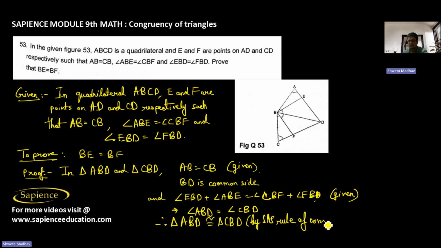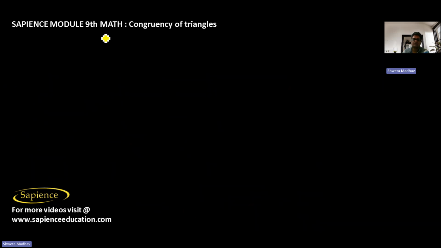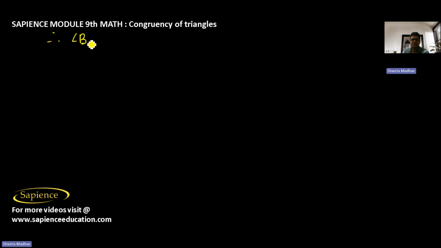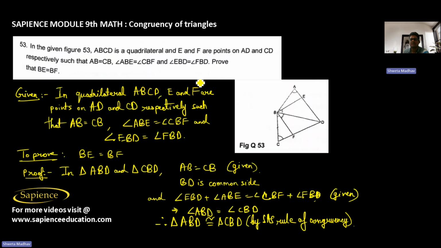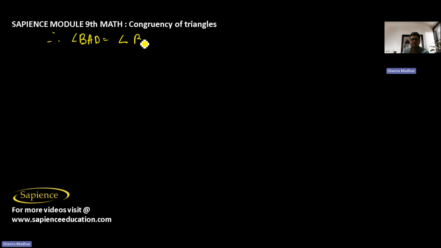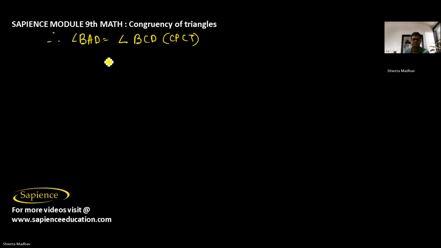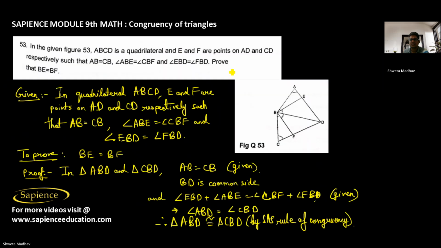So now, therefore, we can say that angle BAD will be equal to angle BCD by CPCT, which means that angle BAE is also equal to angle BCF.